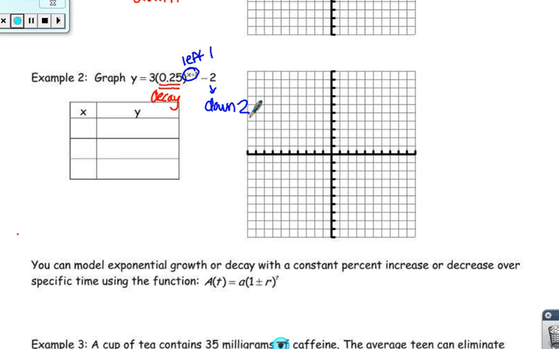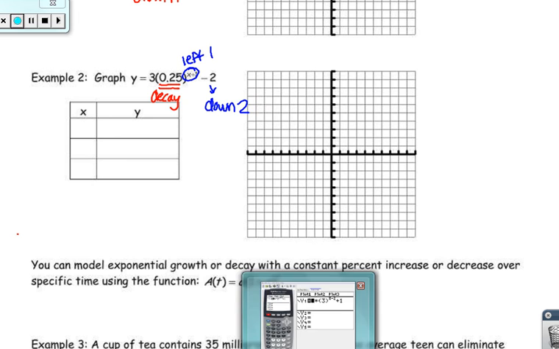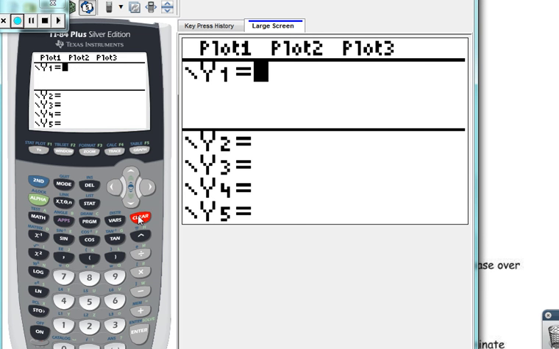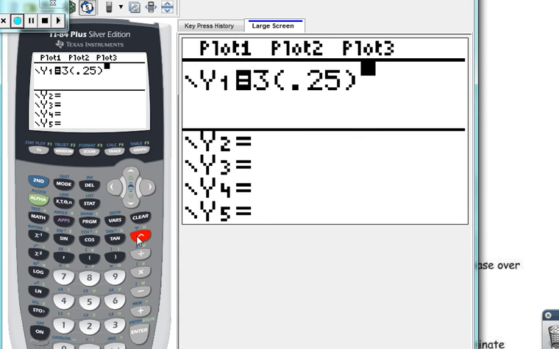Okay, so let's find some points to plot. In my calculator, we have 3 times 0.25 to the x plus 1 minus 2.